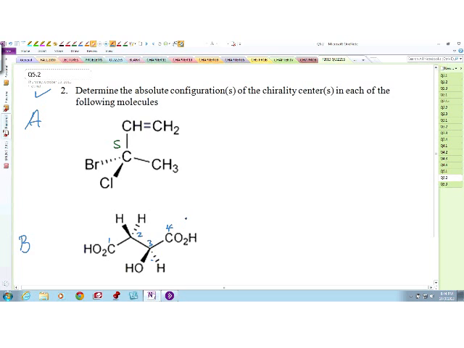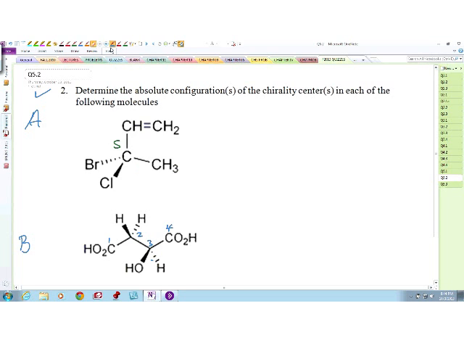How many chirality carbons do we have there? 1. Where is it? Carbon number 3. Excellent, very good. This carbon number 3 is your chirality carbon. Keep in mind, for a chirality carbon, that carbon must be attached to 4 different groups or 4 different atoms.